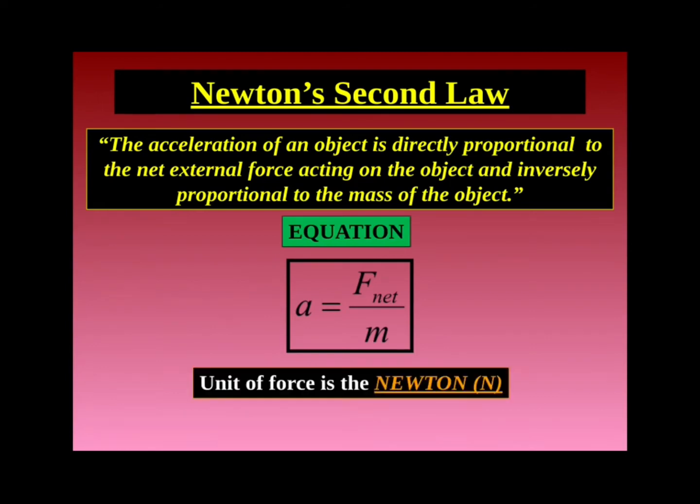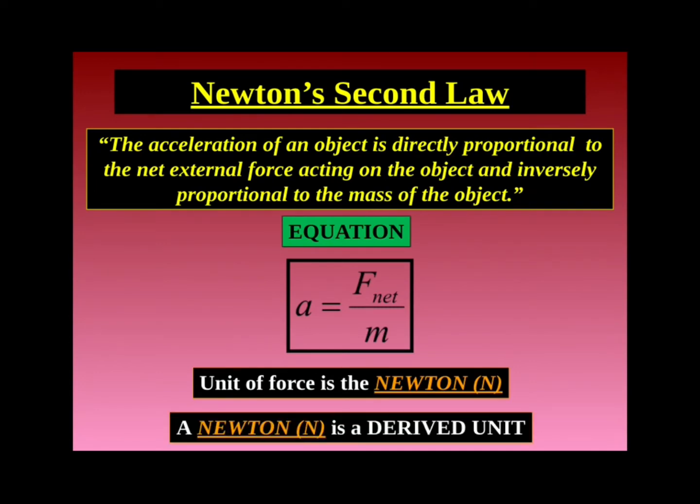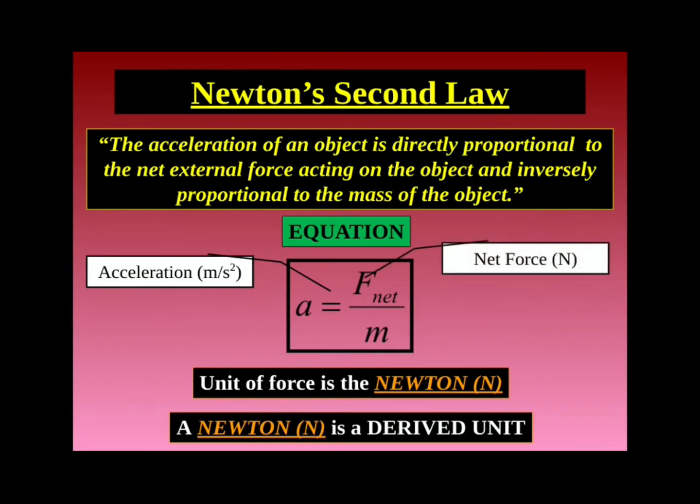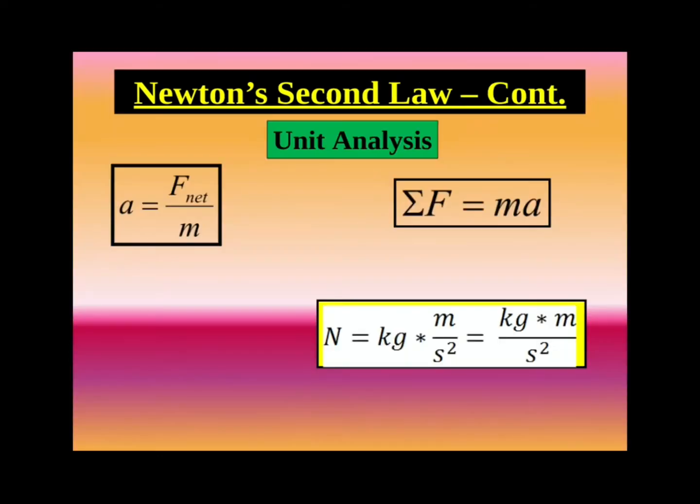The unit of force is the newton, and the newton is a derived unit. So force is equal to acceleration, which has units of meters per second squared. Net force has the units of newtons, and mass has the units of kilograms.